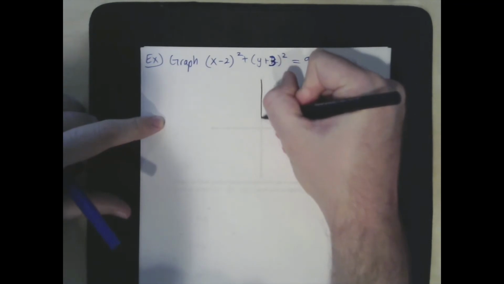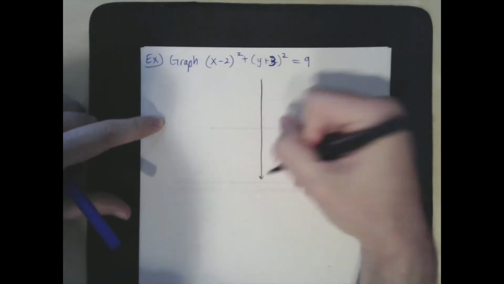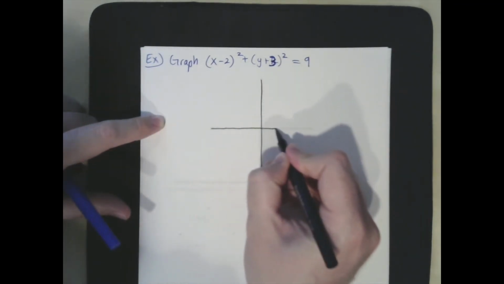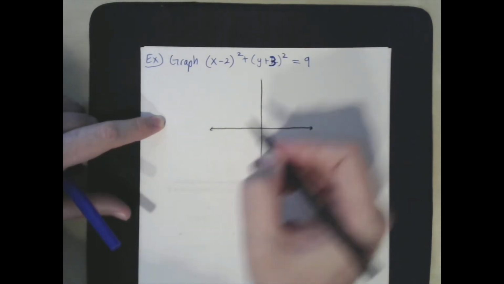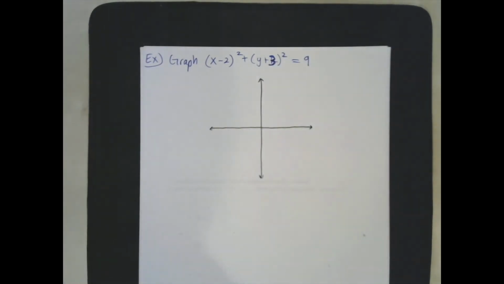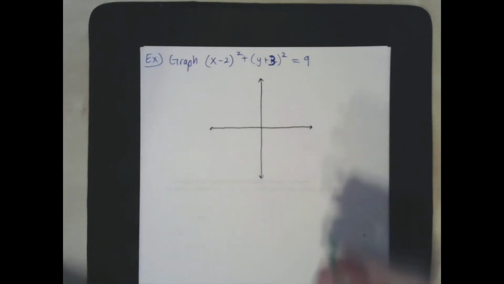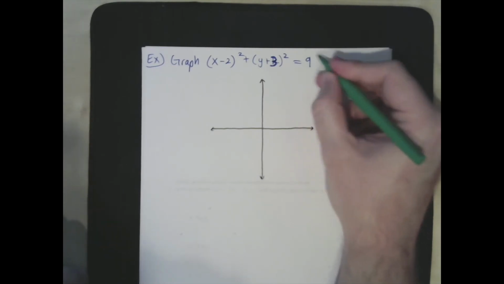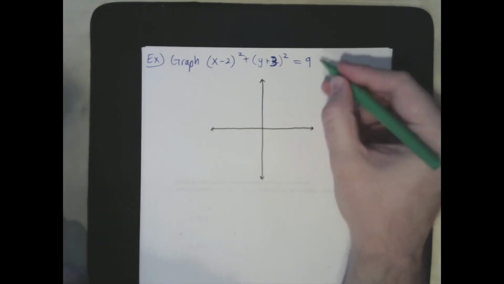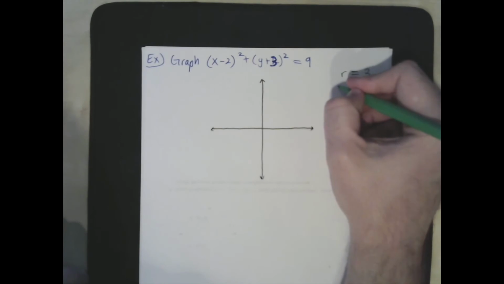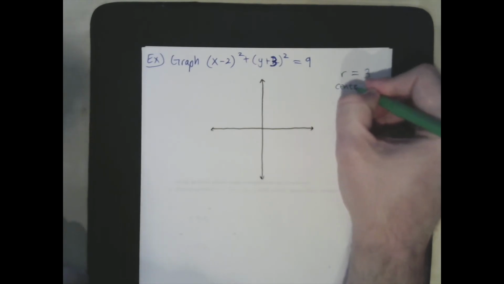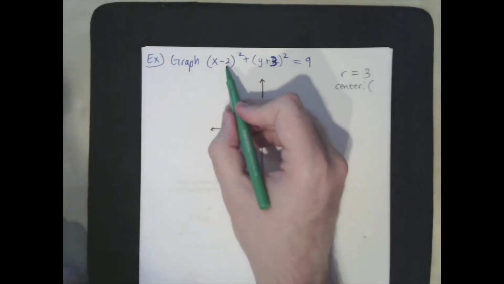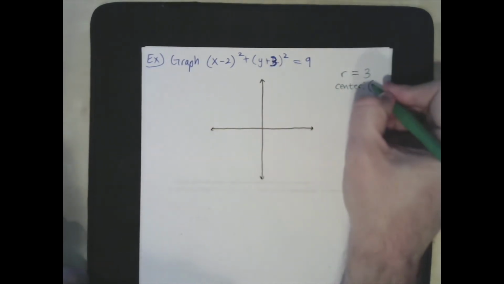And if we give ourselves some axes, we can start to identify our important pieces of information. So right off the bat, our radius is 3, because 3 squared is 9. And our center is at 2, negative 3.